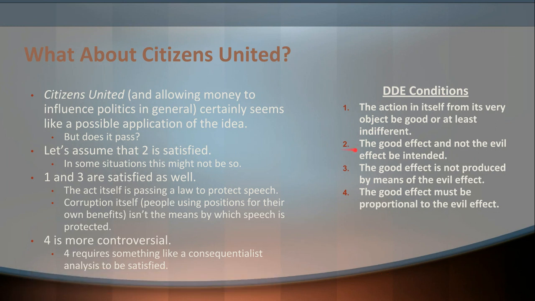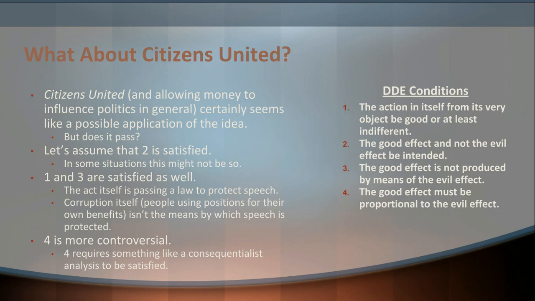First off, let's assume that the 9 Supreme Court justices who ruled one way or the other on this decision, if I remember, it was a 5-4 split, let's assume that the 5 justices who made up the majority opinion were not trying to increase corruption, that they intended the good effect rather than the bad effect. But it may actually be the case that this isn't so.